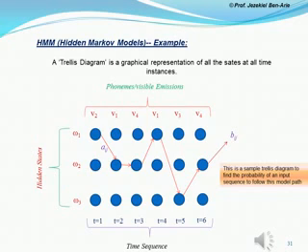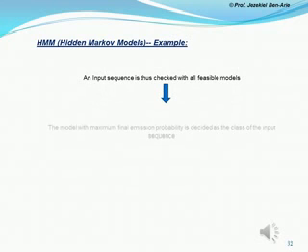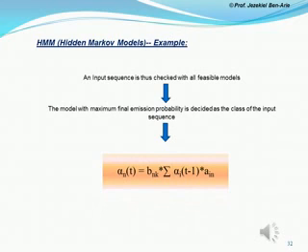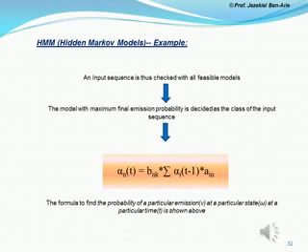To summarize, an input sequence is thus checked with all feasible models. Finally, the model with the maximum final emission probability is decided as the class of the input sequence. Here we are showing a recursive formula which is applied to compute the probability of a particular emission at a particular hidden state at a particular time.